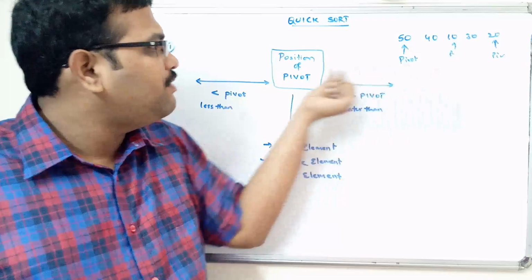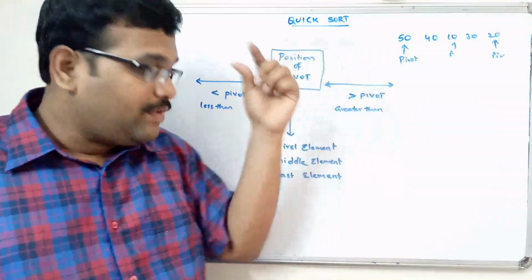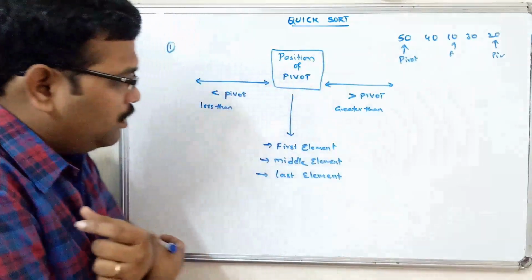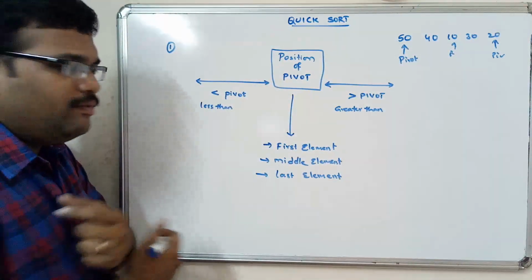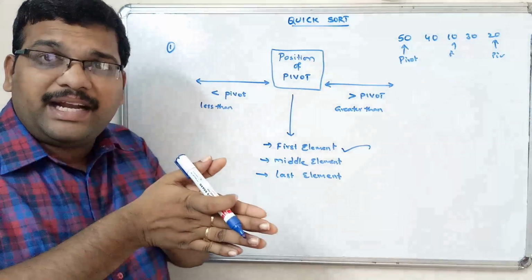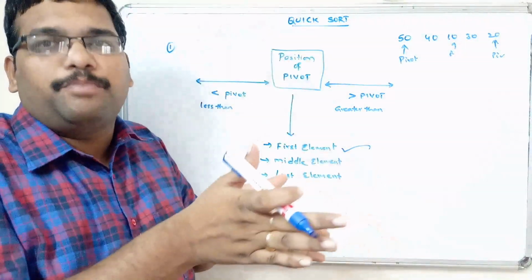So in such a way we find the position of the pivot. In our example we will consider the first element as the pivot and find the pivot position.